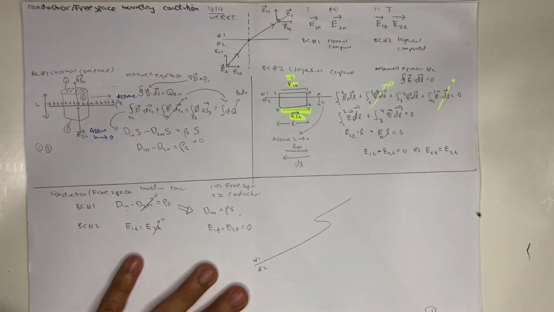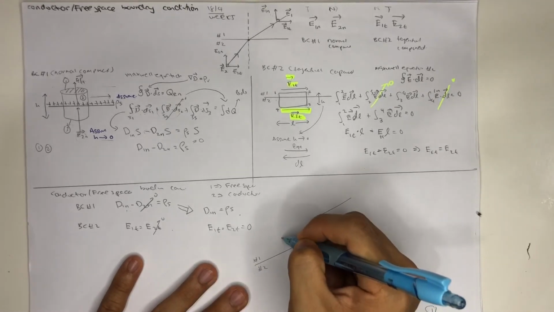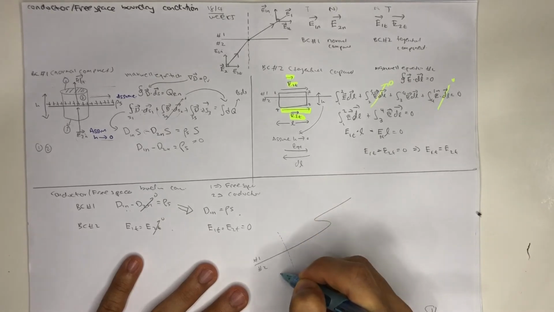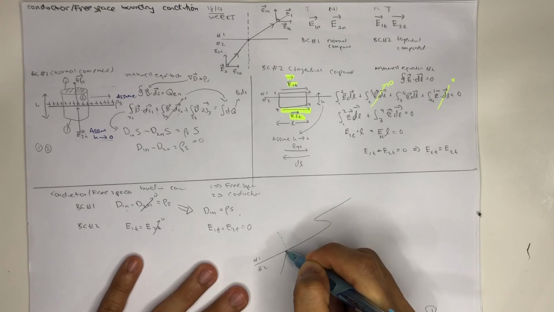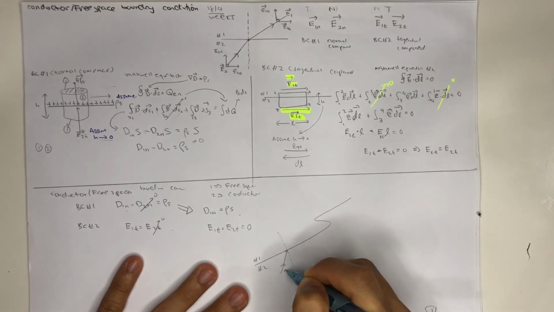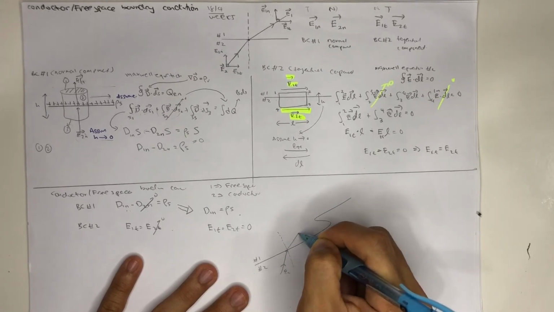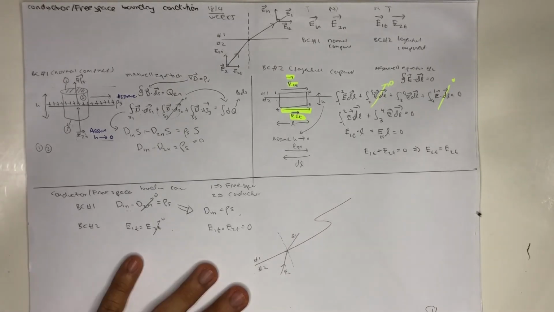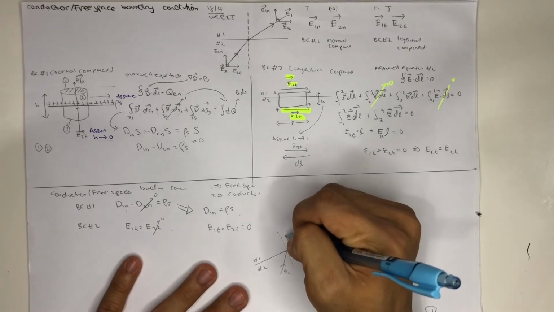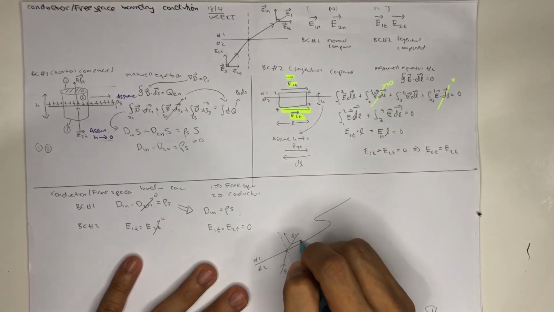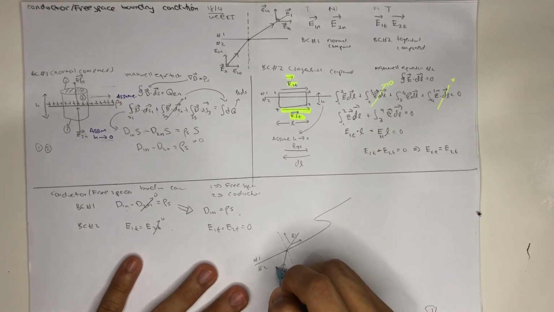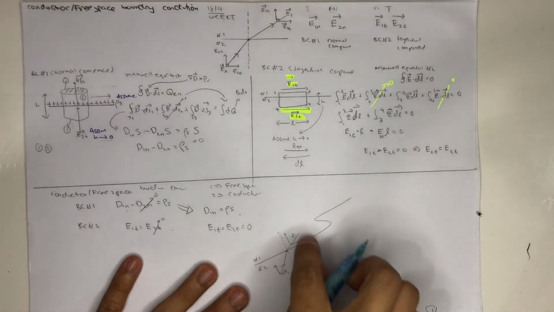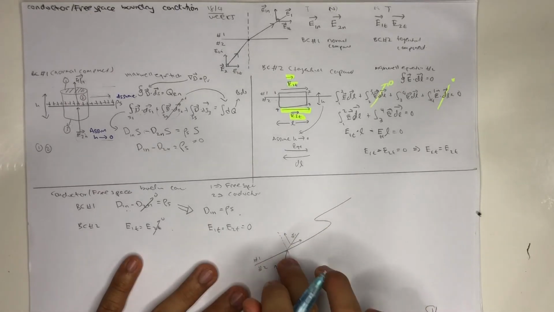When you have this, this is your E2, this is your E1, right? Now we want to see where the normal is. The normal is here and the tangential is here, and for here the normal is here and the tangential is here. At this point it is correct.